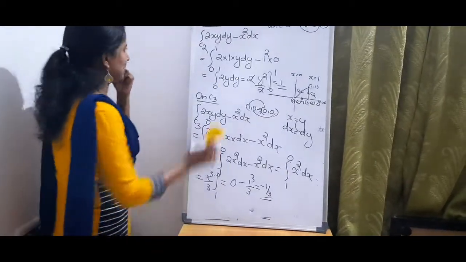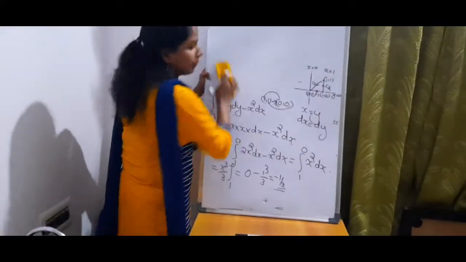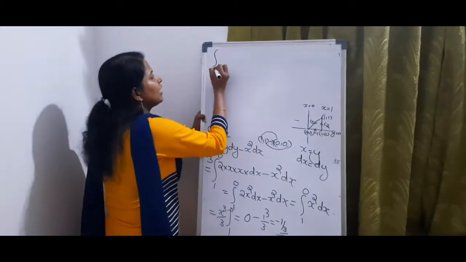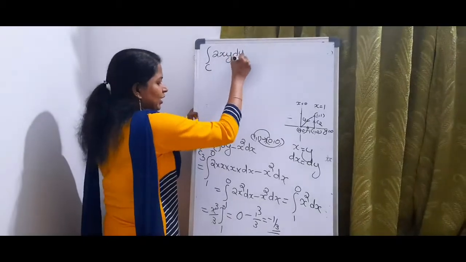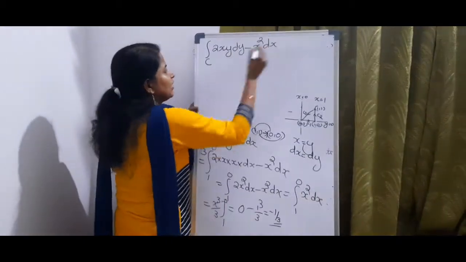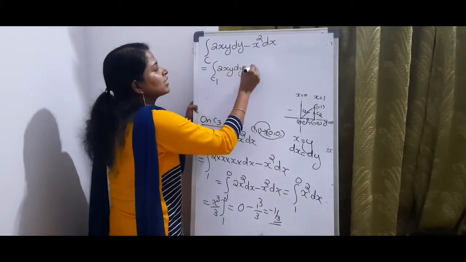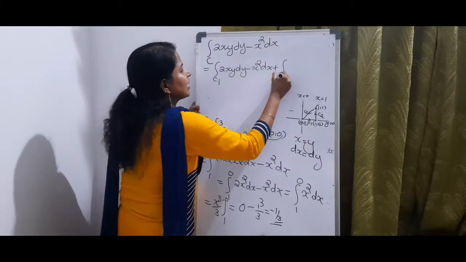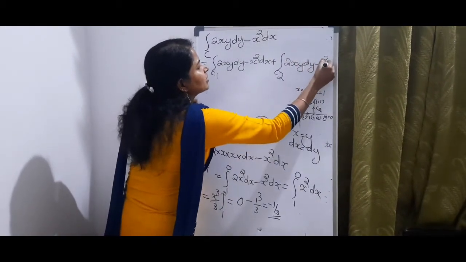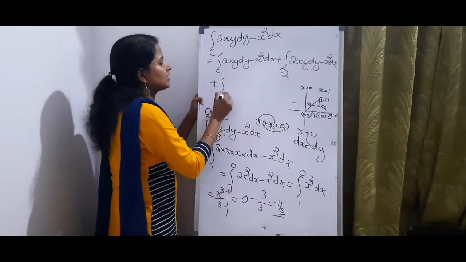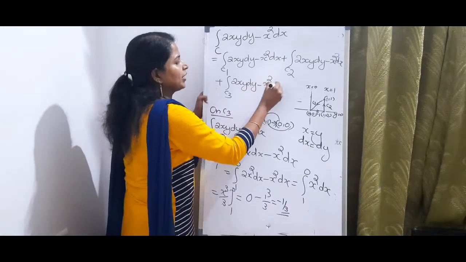Okay. Our aim is to find the integral over C of 2xy dy minus x square dx. That is equal to the integral over C1 of 2xy dy minus x square dx plus the integral over C2 of 2xy dy minus x square dx, plus one more integral, the integral over C3 of 2xy dy minus x square dx.